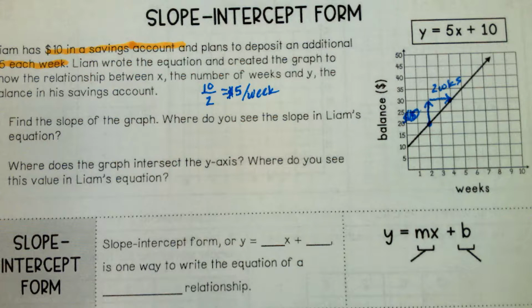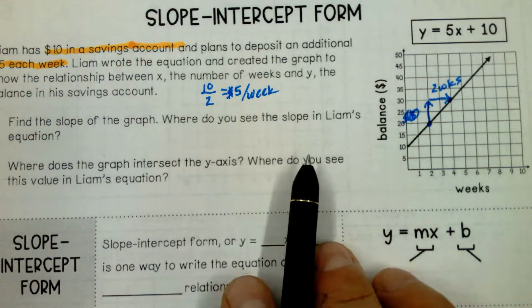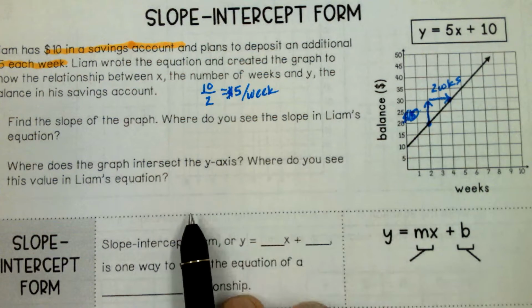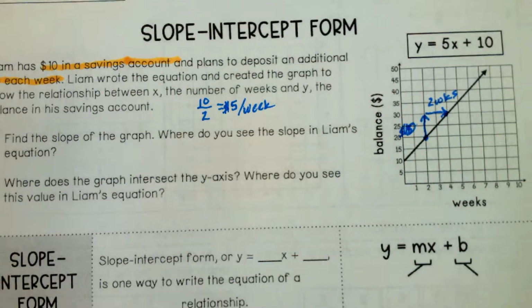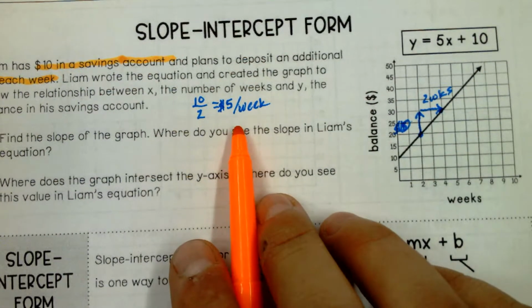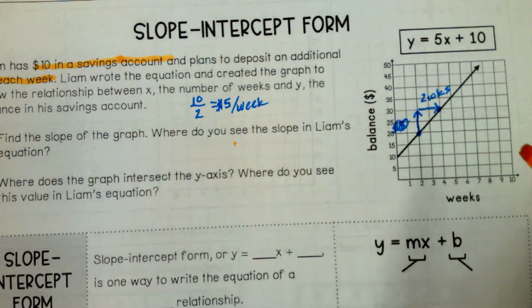So where do we see the slope in the equation? So let's look at the equation. Where do we see that? This $5 per week. Let's see.